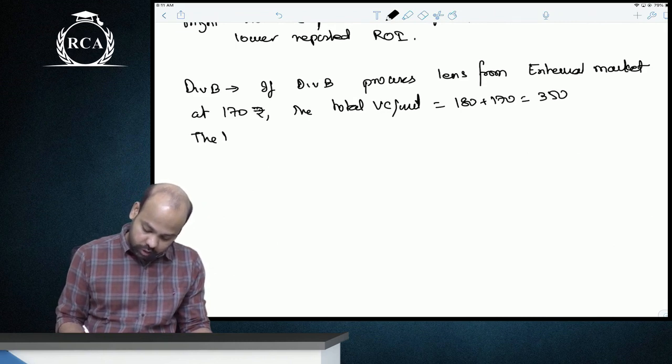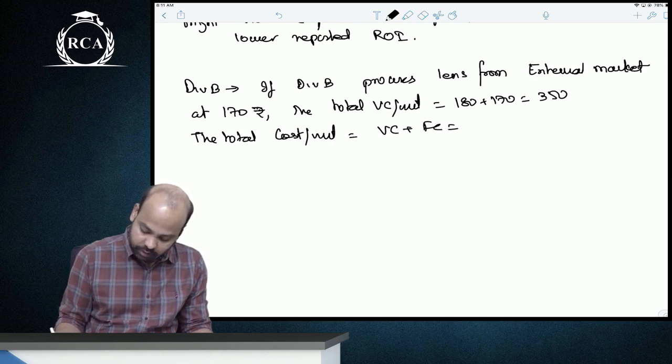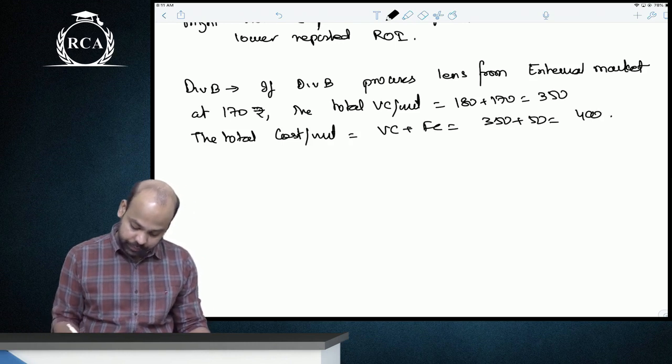The total cost per unit would be variable cost plus fixed cost, 350 plus 50, 400 rupees.